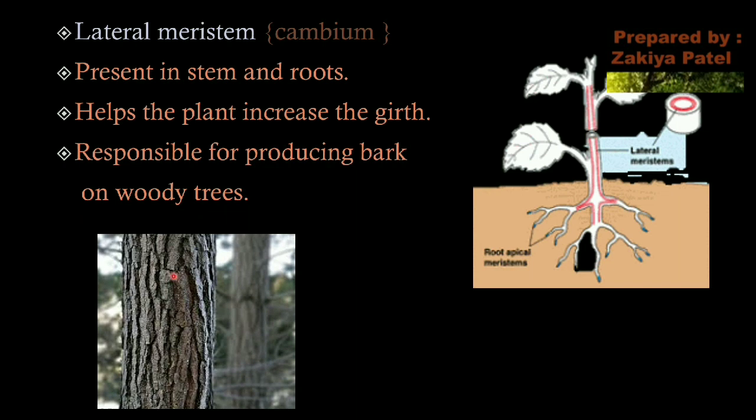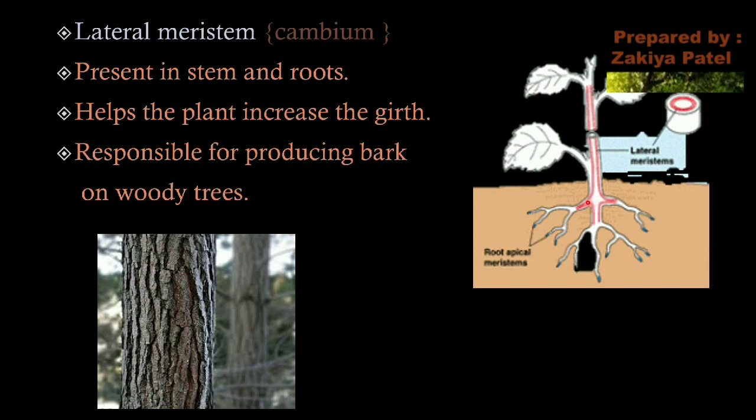If you ever see the bark of a tree, it contains cambium tissues, or we can say lateral meristematic tissues.